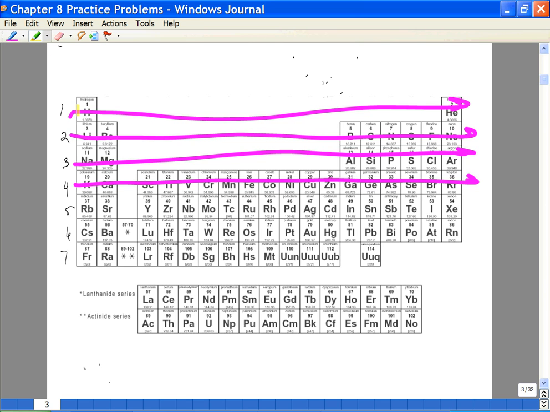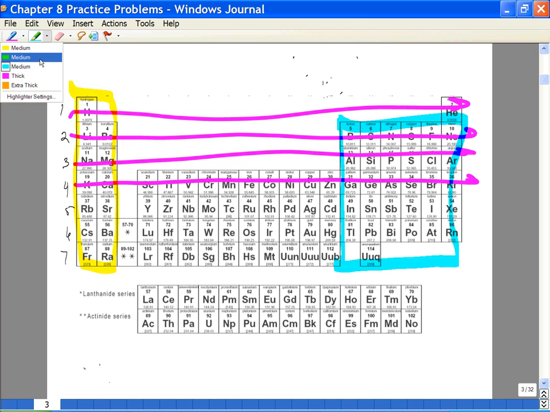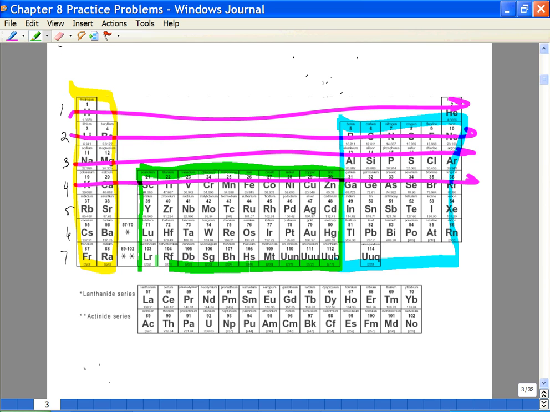And we know that over here, these are the s electrons, the s orbitals, over here are the p orbitals, and over here are the d orbitals, and here are the f's. So we know going from left to right, we can get our ordering from just looking at the periodic table.